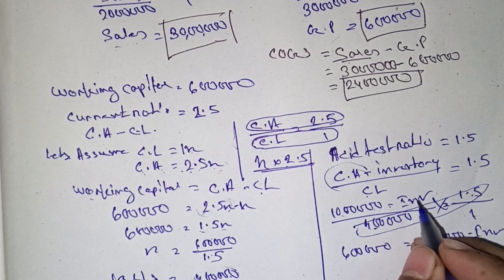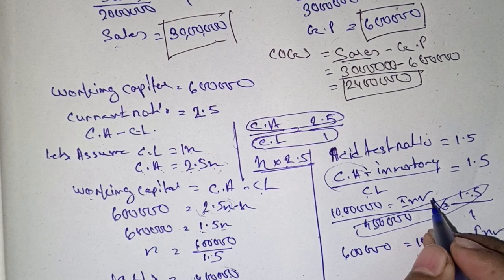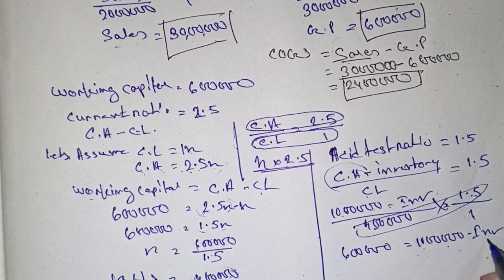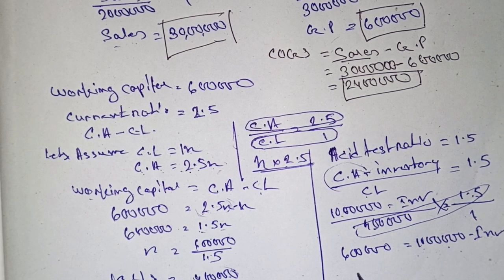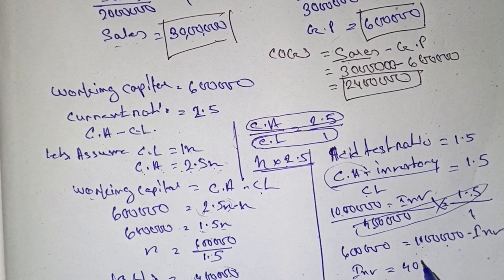If we assume inventory is x, then x multiplied by 1 is x. So inventory will be 10 lakh minus 6 lakh, which is 4 lakh.